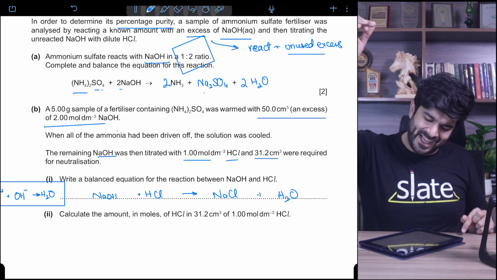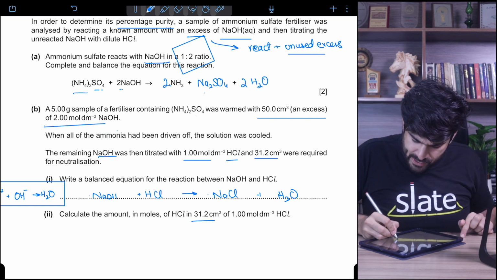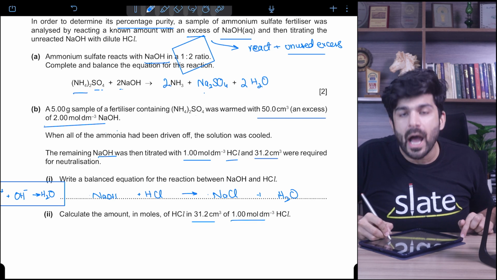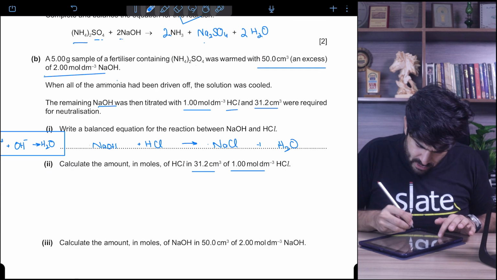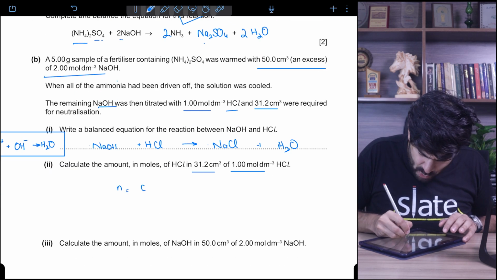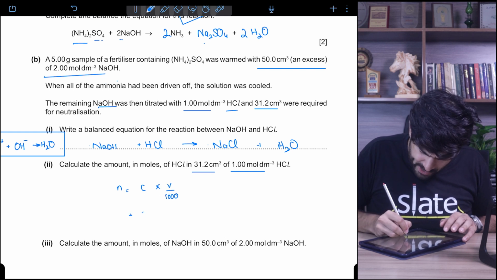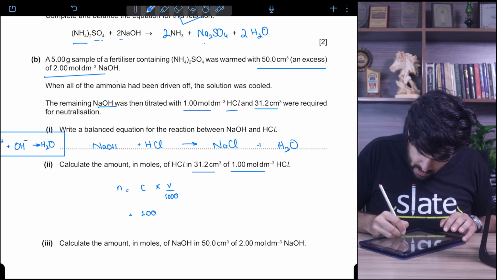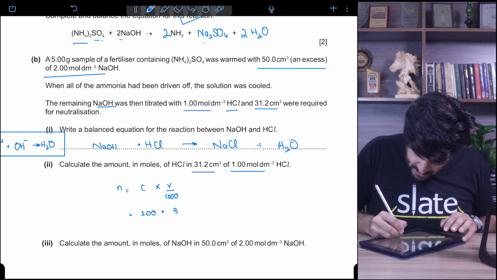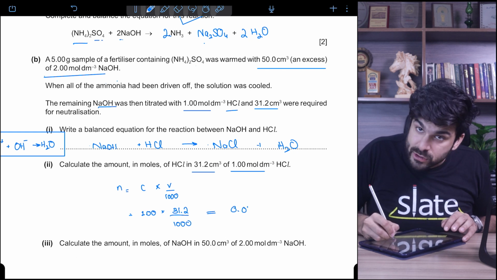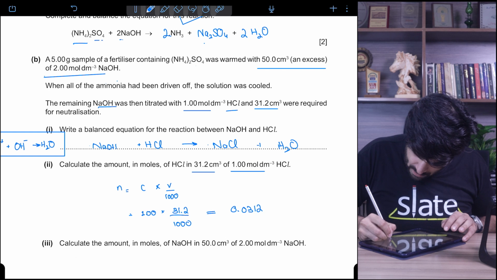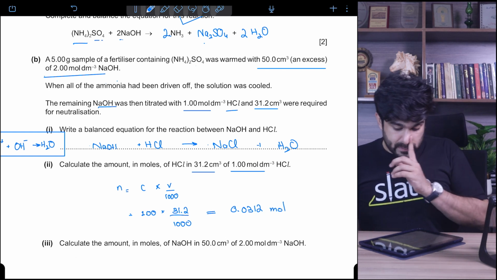Calculate the amount in moles of HCl, 31.2 centimeter cube and 1 mole per dm cube. Basic calculation. N equals C into V divided by 1000. So C is 1.00, this is 31.2 divided by 1000. So the answer is 0.0312 moles.